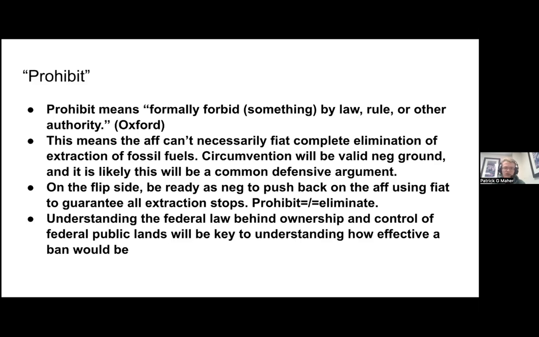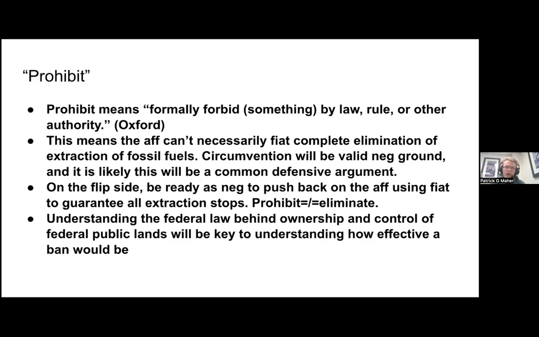And the neg needs to push back on the AF using fiat in order to guarantee all extraction stops, because prohibit doesn't necessarily mean that it will guarantee elimination. But generally, those sorts of debates are a little bit more difficult and a little bit more unclear.